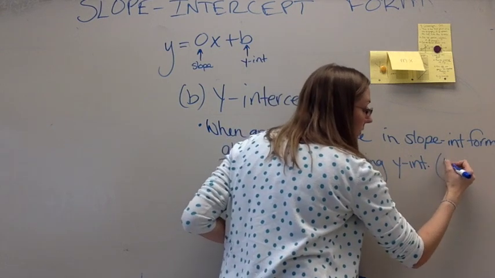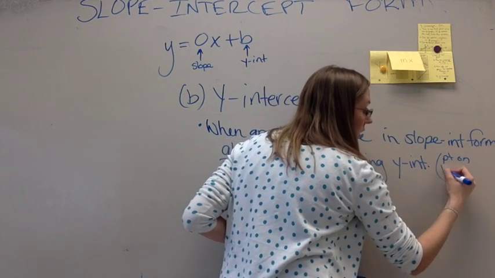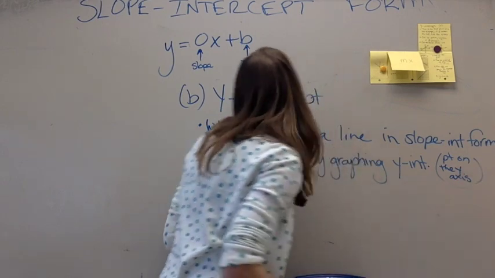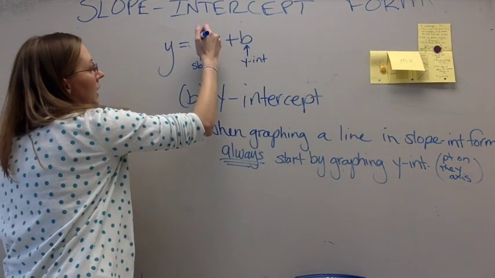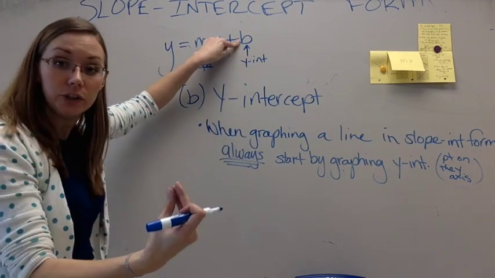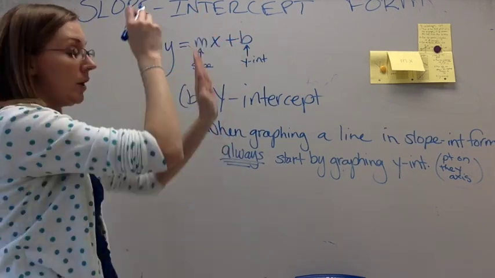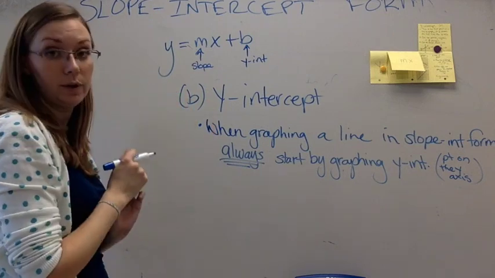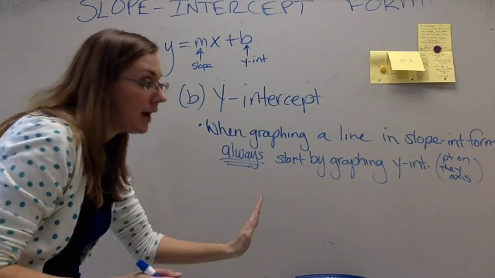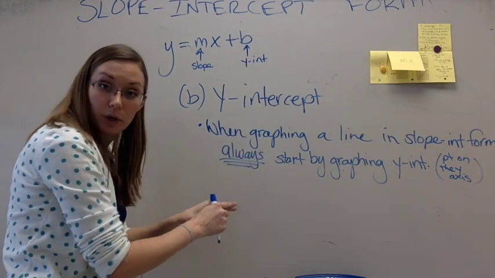And again, y-intercept is a point on the y-axis. So I'm going to put my m back up here. If this was 2, that means my y-intercept is 2. I'm going to start by graphing a point on the y-axis at 2. If this is negative 3, a minus 3, then I'm going to go to my y-axis, go down to where the minus 3 is, put a dot there.